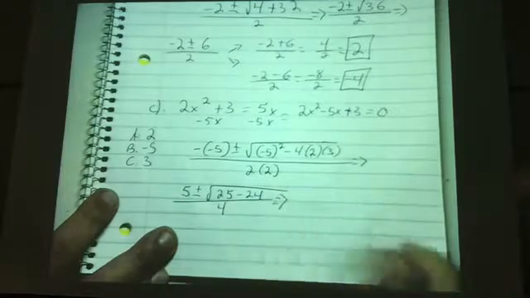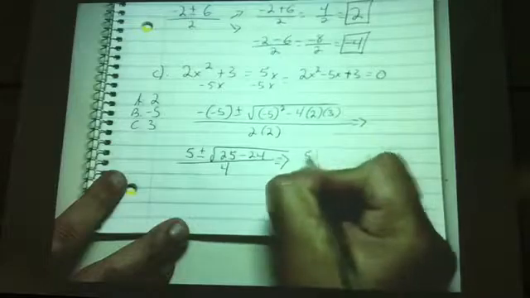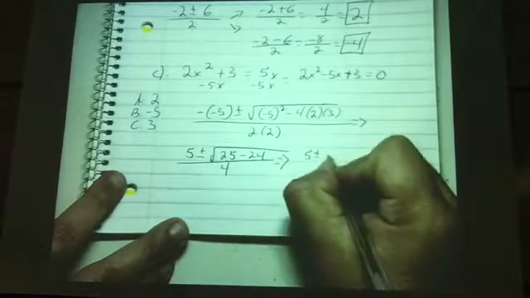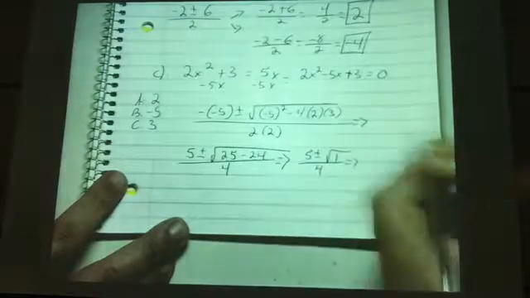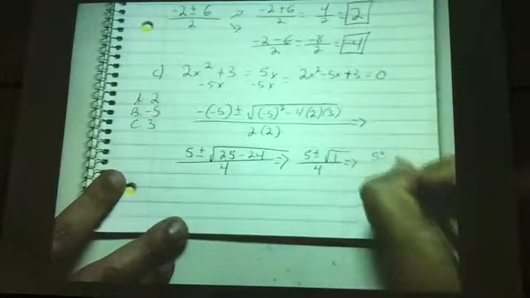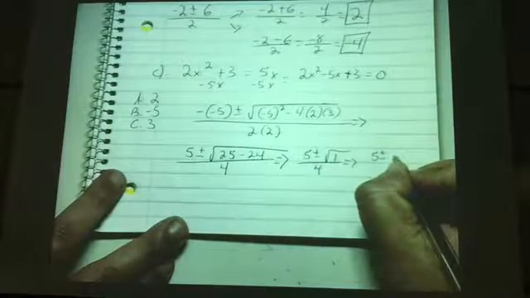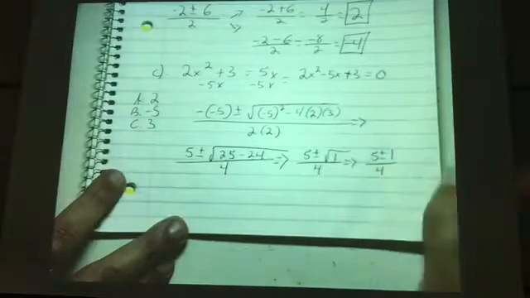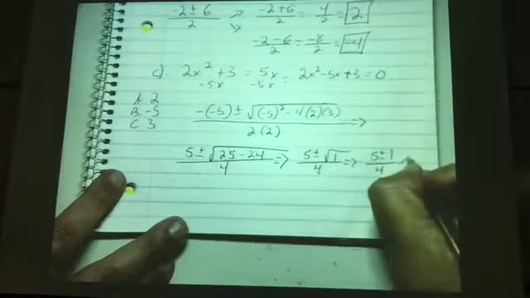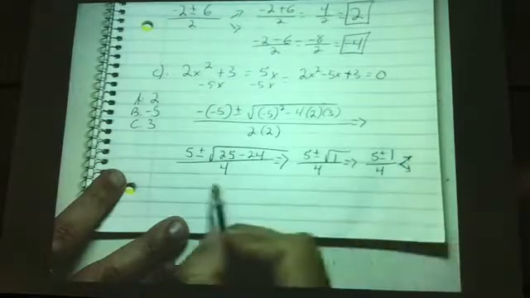We move on to the next step. We combine 25 and 24. It gives us 5 plus or minus the square root of 1 over 4. What's the square root of 1? 1 over 4. And split. Now we need to do our split. Since we're out of room, I'm going to do the split over here.